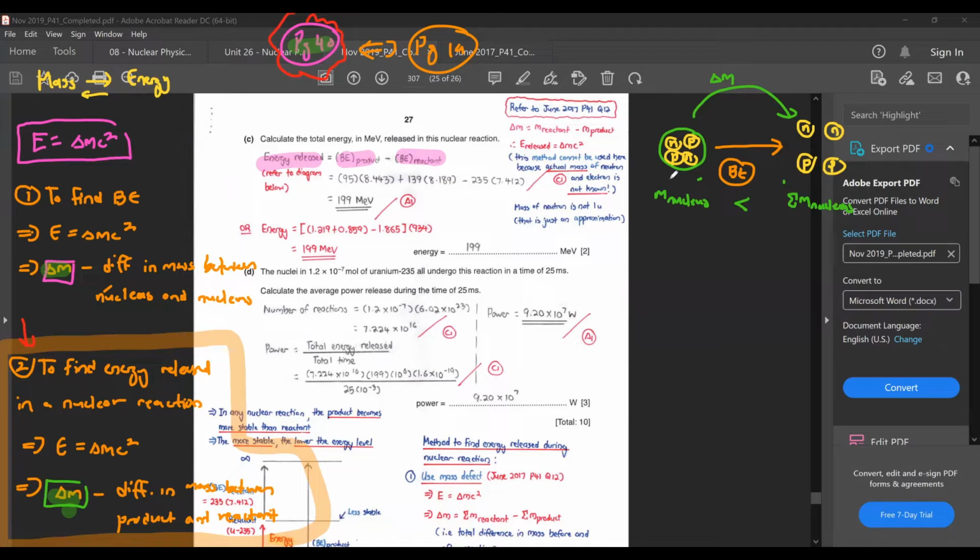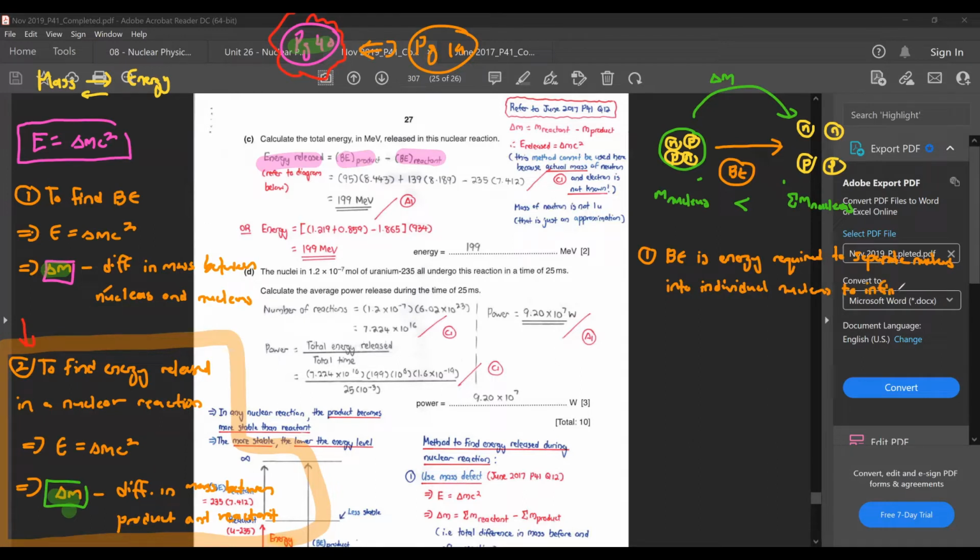Now, there are some facts that you need to remember to help you understand. BE is the energy required to separate a nucleus into individual nucleons to infinity.